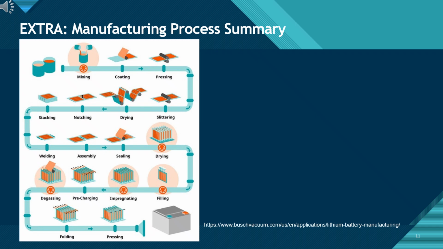Cell finishing: the assembled cells are sealed, undergo further drying, and then filled with electrolyte, followed by impregnation, pre-charging, and degassing to optimize performance and lifespan. Final processing: the cells are then subjected to final pressing and folding steps before packaging, completing the battery manufacturing process.